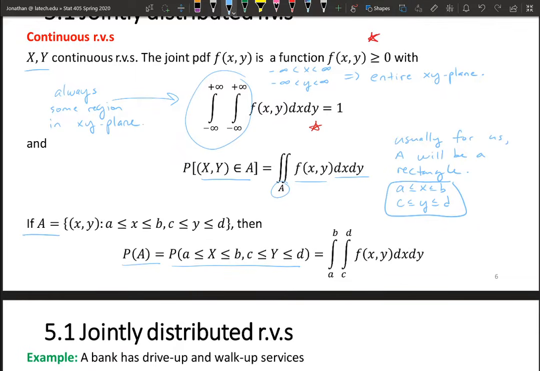The c and d should go with y, so this should be dy, and this should be dx. So just correct that, because the y bounds need to be c and d. X bounds are a and b.